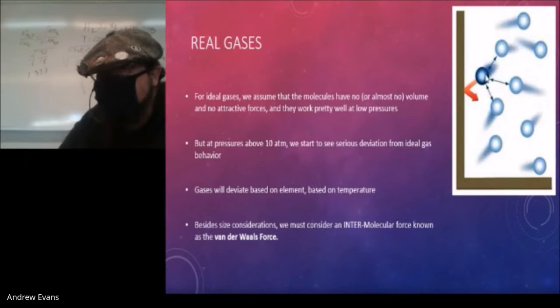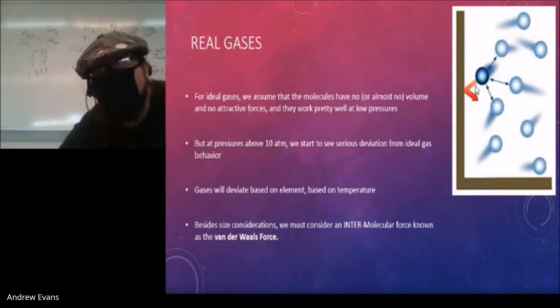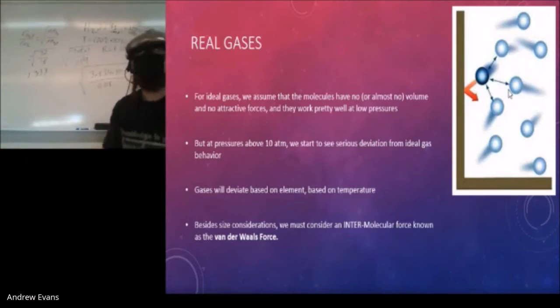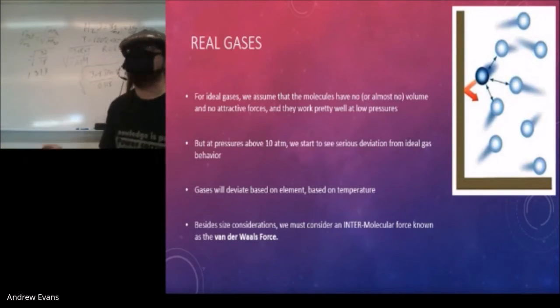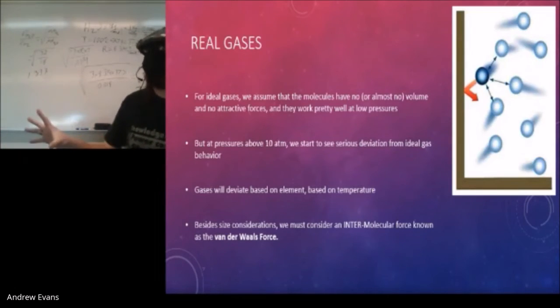So if this blue molecule is trying to bounce into this wall and these other lighter blue molecules are attracting it, we would be pulling the molecule back, slowing it down like you had weights on it. Those are the attractive forces. And because you have these weights slowing it down, it would have a lower collisional force or a lower pressure.